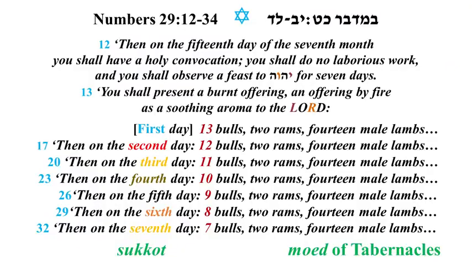And then 5 days later, on the 15th day of the 7th month, you shall have a holy convocation. You shall do no laborious work, and you shall observe a feast to Yahweh for 7 days. This is Sukkot. This is the feast of celebration, rejoicing. We've been redeemed. You know, these three fall feasts.